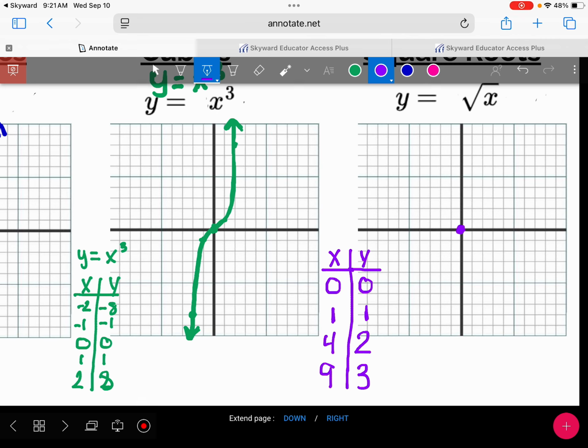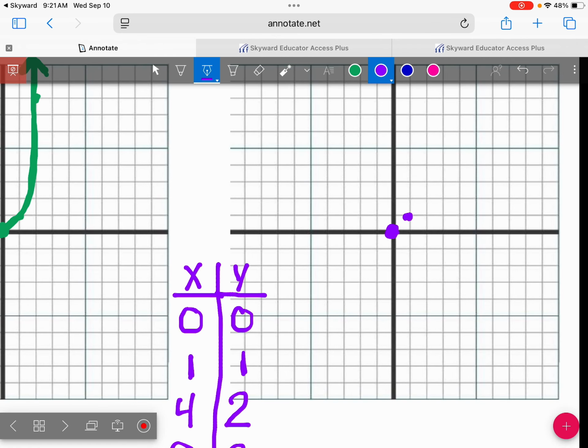And when we plot up our points here, we've got our (0, 0), our (1, 1), (4, 2) way over here, and then (9, 3). When I connect it up, I'm not going to go left of the 0. I don't want to wind up with negative x values because then we get imaginary y's.